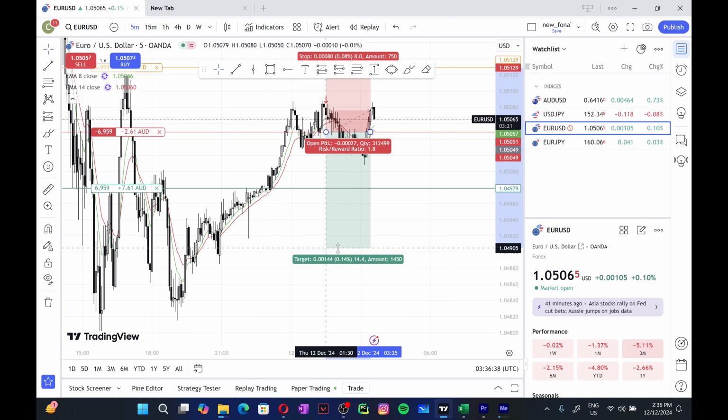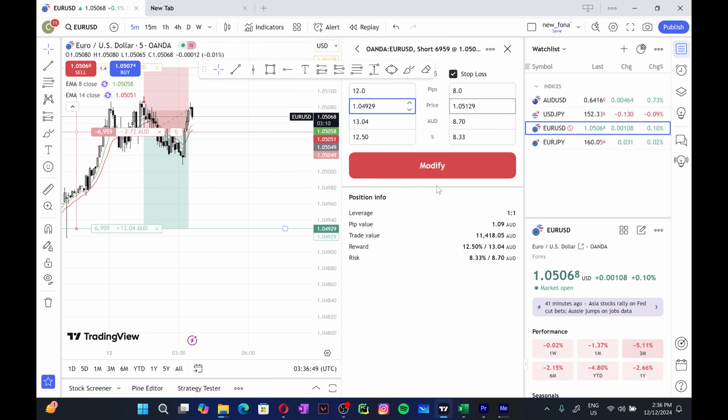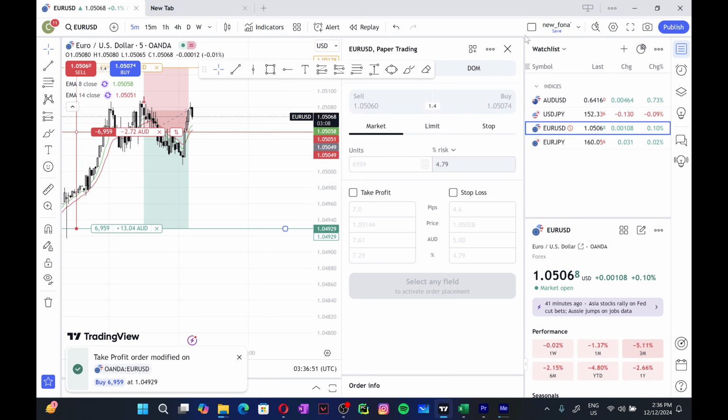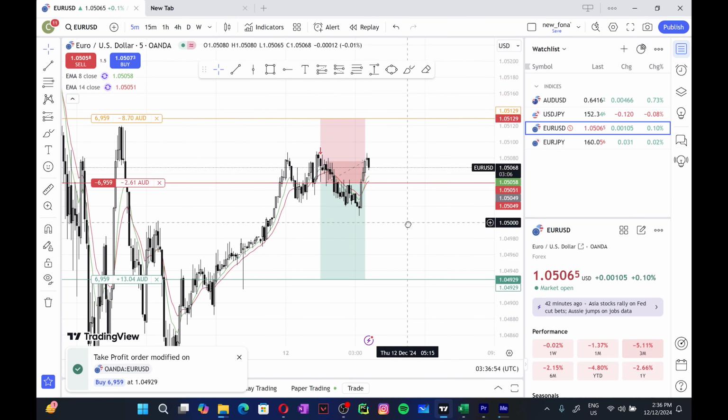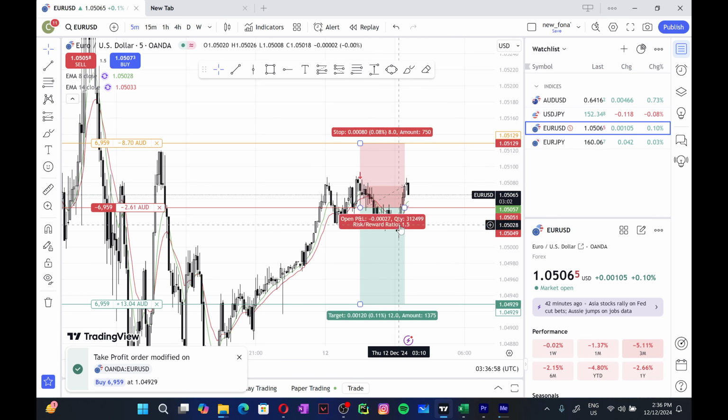So I would have a 1.5 risk reward ratio. Before, I never used to consider the risk reward ratio, but now I believe that considering it would be a good thing. I'm going to take my take profit to over there and modify, so that even if I lose, I wouldn't be sad about the risk reward ratio, and the price would go down.